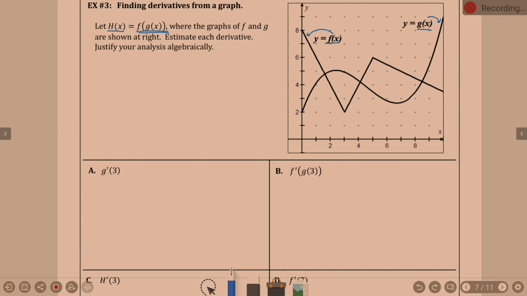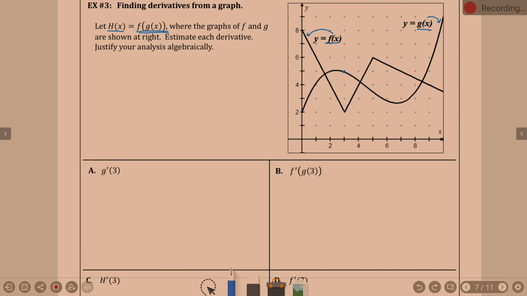What are we looking at here? Here's our graph of G. G prime of 3. It wants G prime.